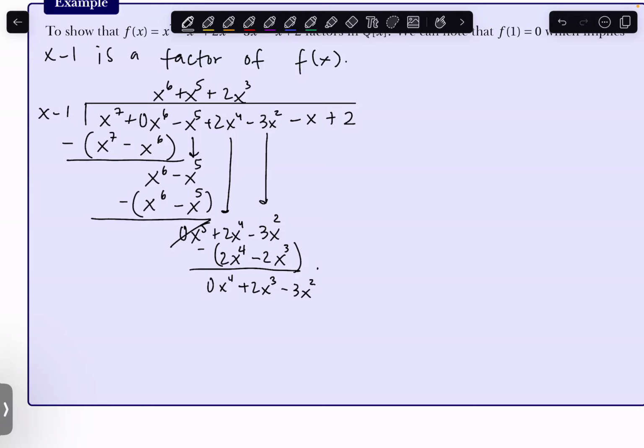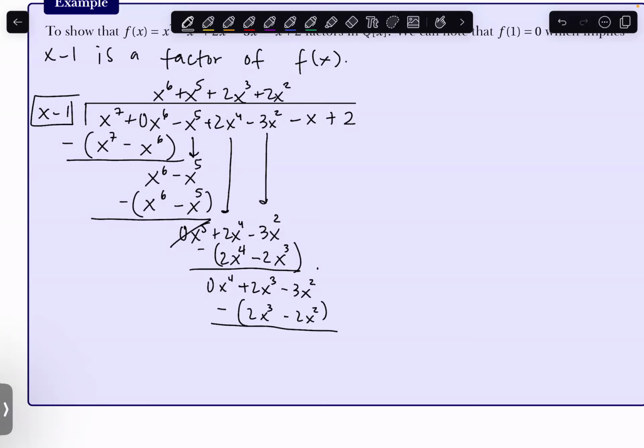Okay, so here, what do we want to choose to multiply our x minus 1? 2x squared. Okay, so I'll multiply both of my pieces here by 2x squared to give me a 2x cubed minus 2x squared, and I'm going to subtract. Again, my first terms cancel out on purpose, so that's how I chose what I was going to multiply by.